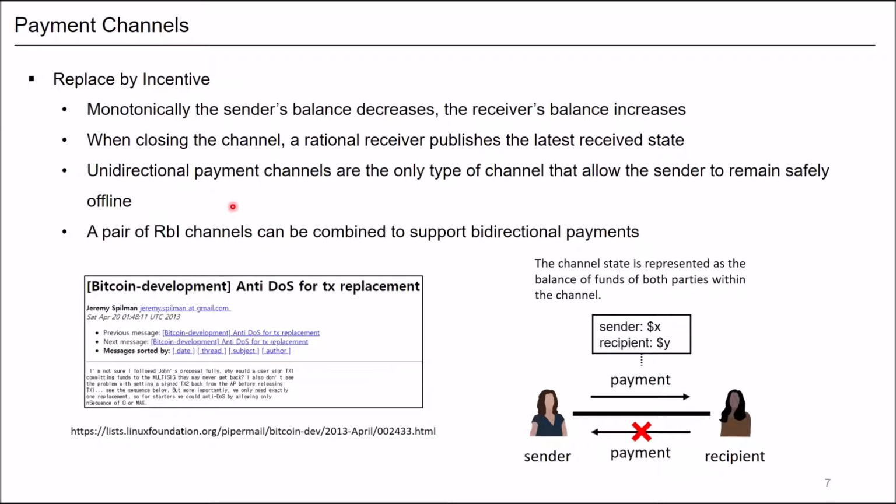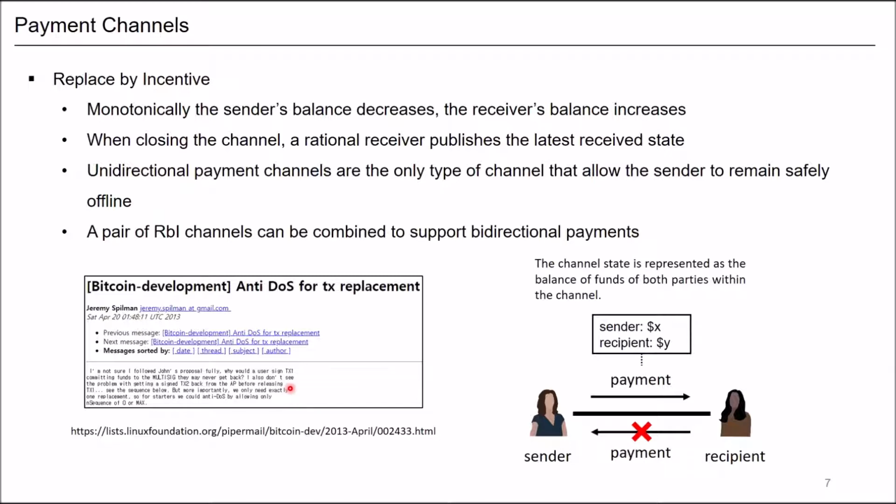And from here, this paper presented the evolution of payment channel designs. First one is replaced by incentive. Spilman presented the first major step towards secure unidirectional payment channels based on the RBI mechanism.